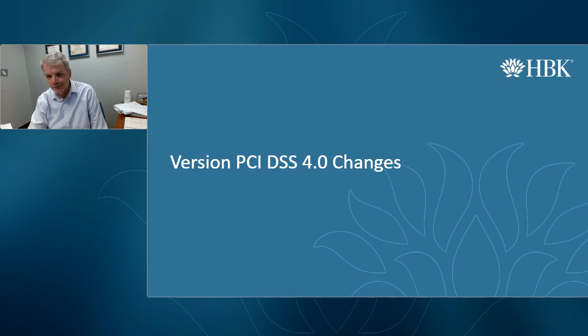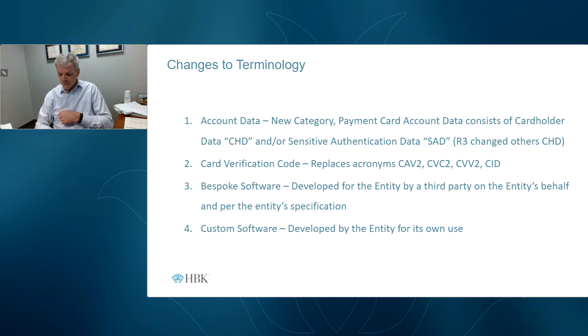Version 4 has a lot of things where it's changing the scope, and it's doing a lot of things to, quote unquote, clarify. So they've renamed some classifications of software and made some changes to various things, but it talks a lot about scoping and what you have to do, and it clarifies a lot of stuff.